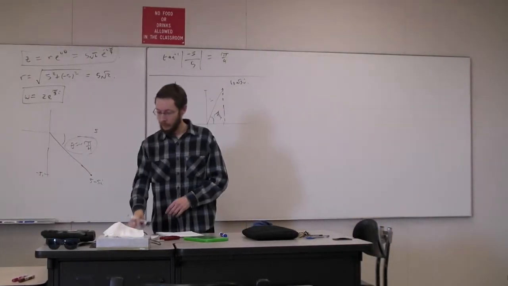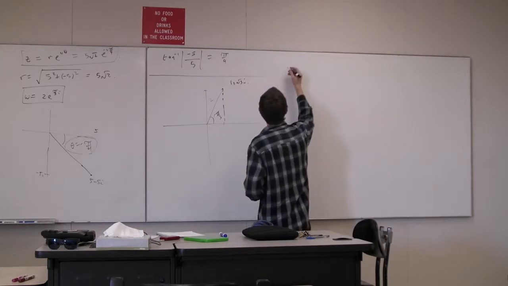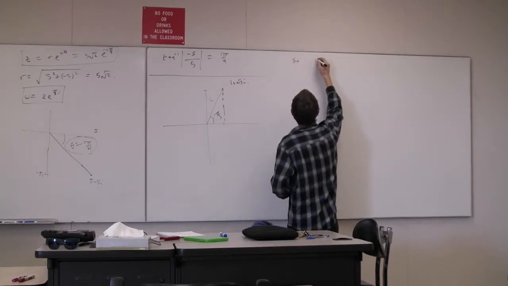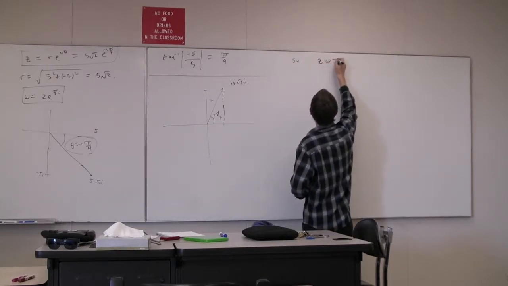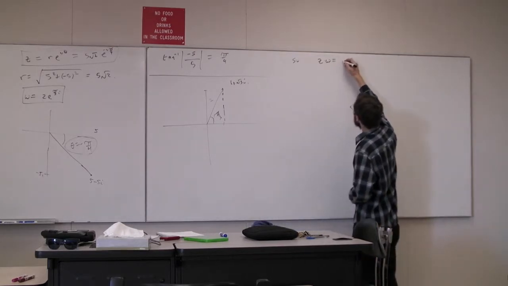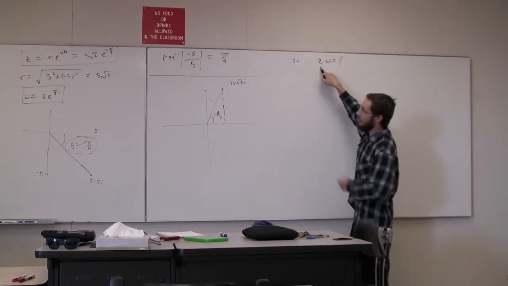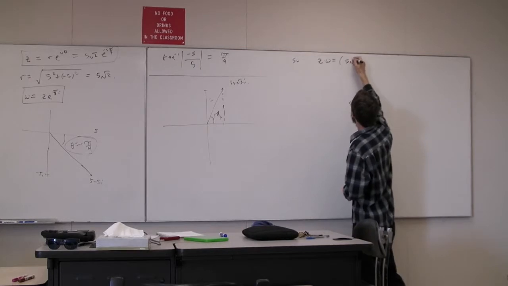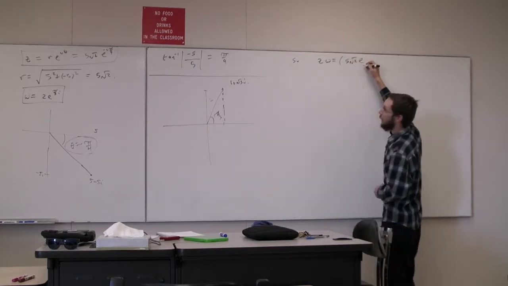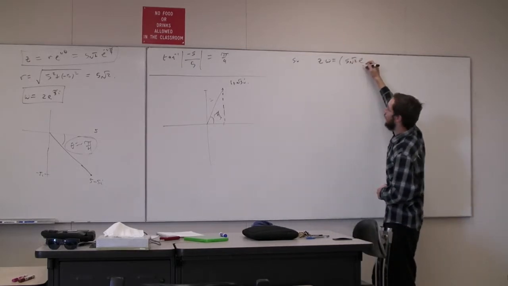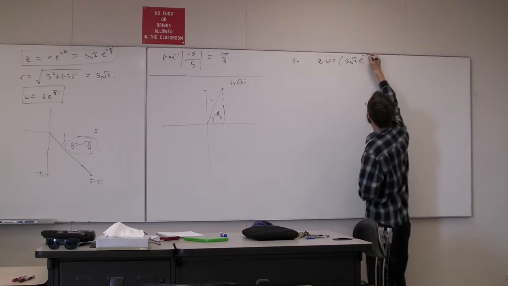So multiplication just amounts to polar form for z. That's going to be 5 square root 2 e to the negative pi over 4i.